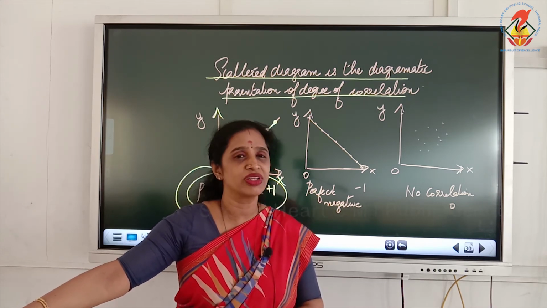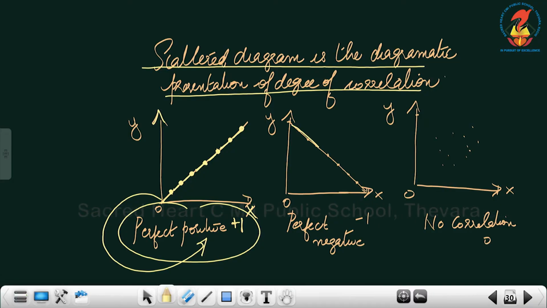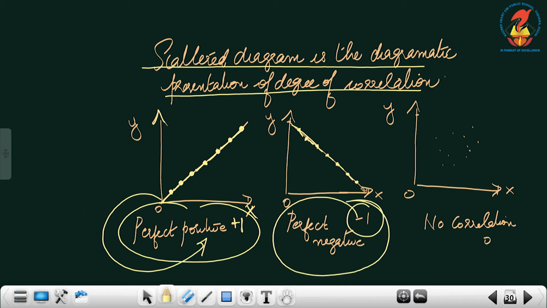That is what I have drawn here on the board. Now it is a negatively sloped curve, and you can see the dots here. These represent a degree of correlation. Here the dots are moving in the same direction, and that too in the same proportion, isn't it? That kind of movement is known as perfect negative correlation, where it is -1.